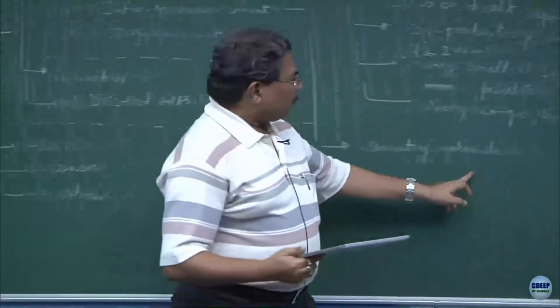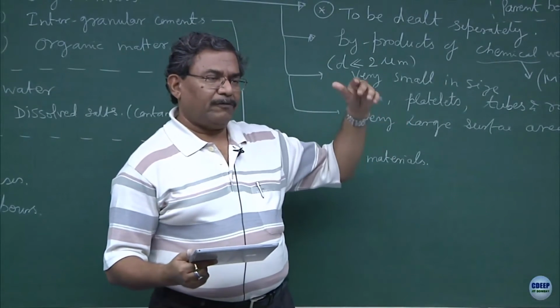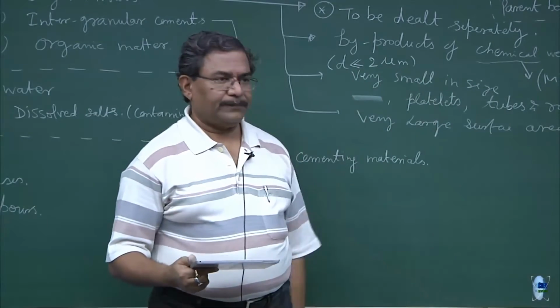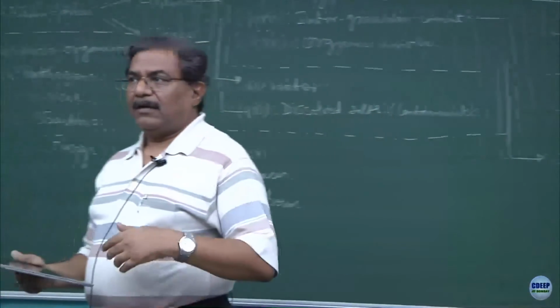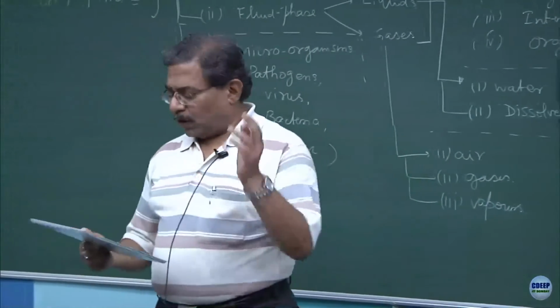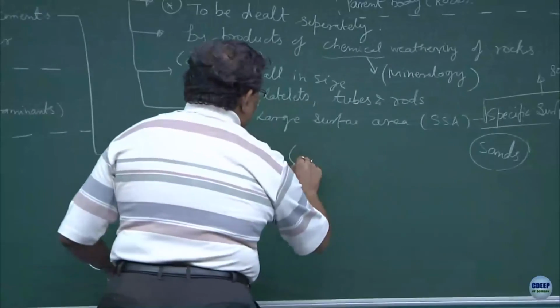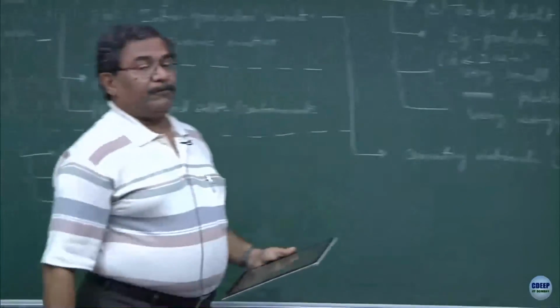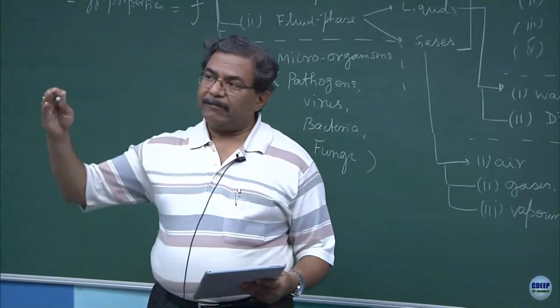You got it? Now, most of the cementing materials are produced during weathering of rocks: silicates, carbonates, bicarbonates, iron oxides, and so on. Depending upon the presence of the cementing agent, we can classify sands.